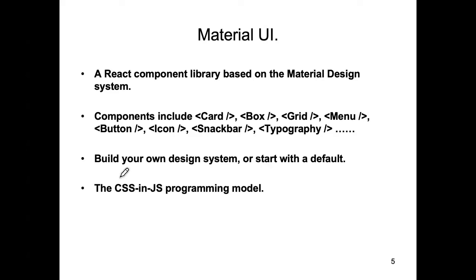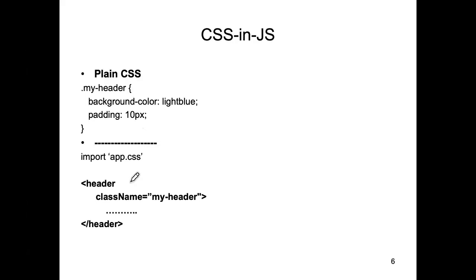I just want to briefly explain this CSS in JS approach. It is a way of including CSS within your JavaScript code base. CSS in JS is a generic approach. It's not unique to the MaterialUI library. It's just the approach that they adopted.